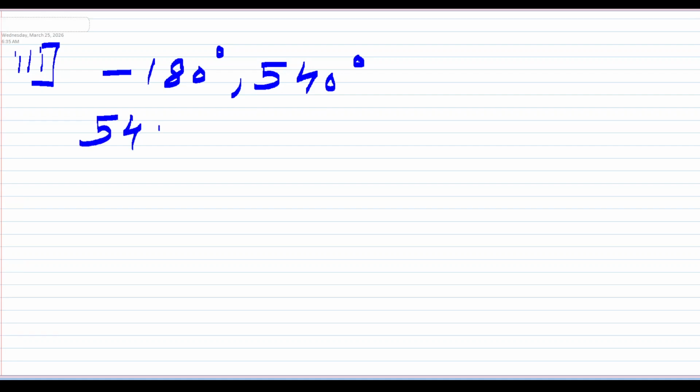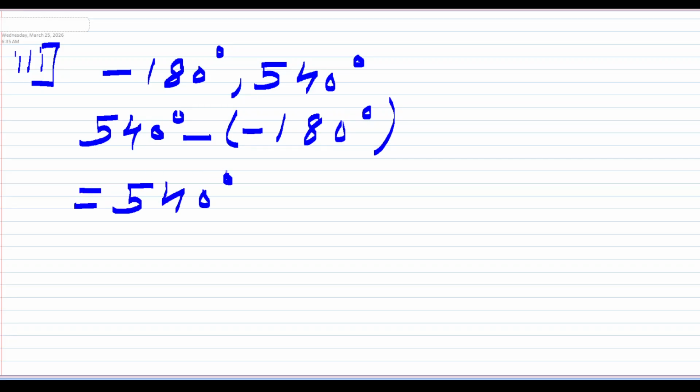What you have to do is subtract the smaller angle from the bigger angle. So 540 minus into minus 180 will become plus 180. So 0 plus 0 is 0. 4 plus 8 is 12, 1 carried. 5 plus 1 is 6, 1 is 7.